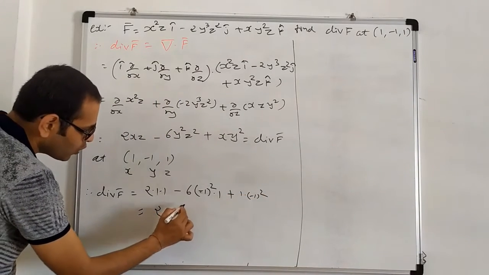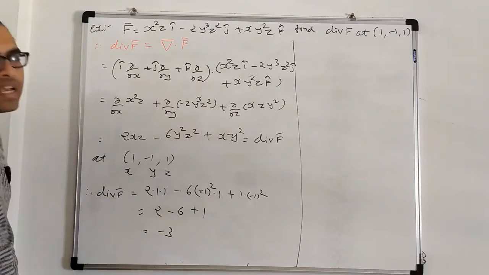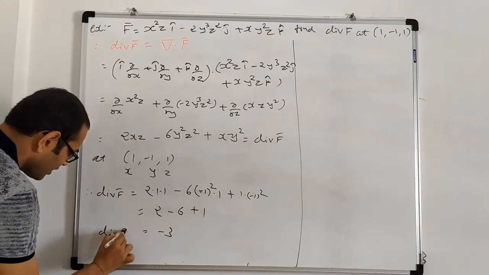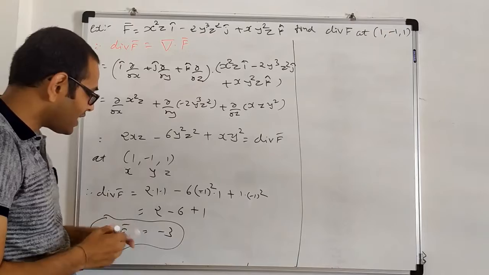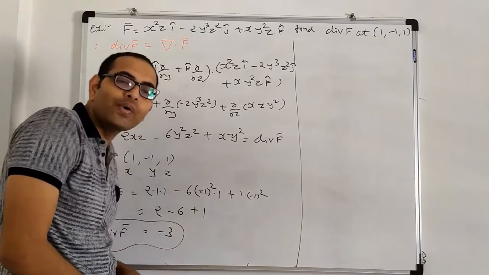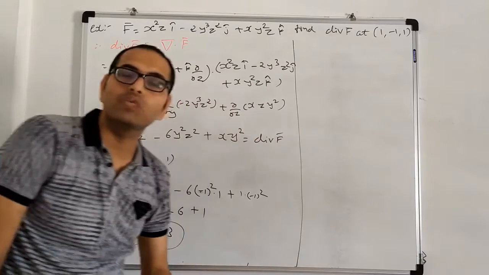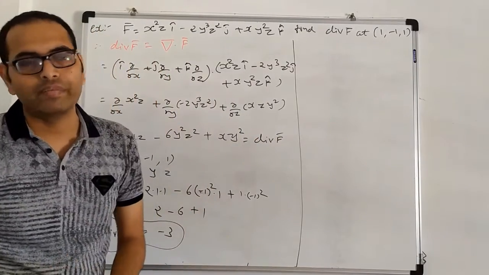Then we get 2 minus 6 plus 1, and the answer is minus 3. Here we get divergence which is minus 3. That is a negative value, which indicates negative divergence, which means it is a sink point.